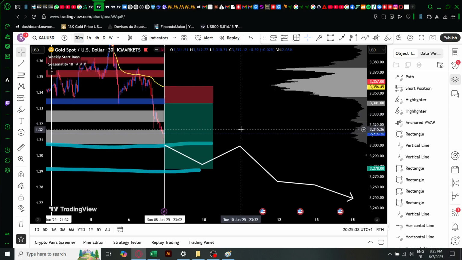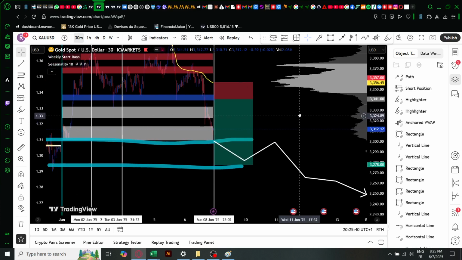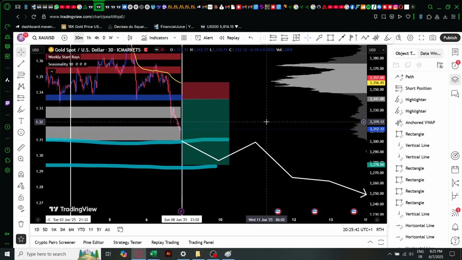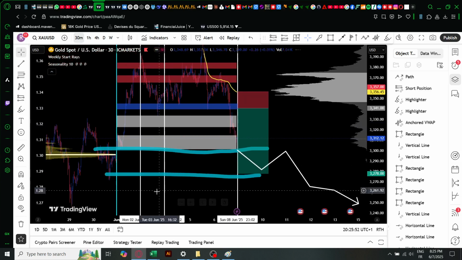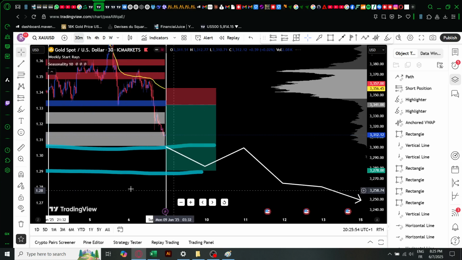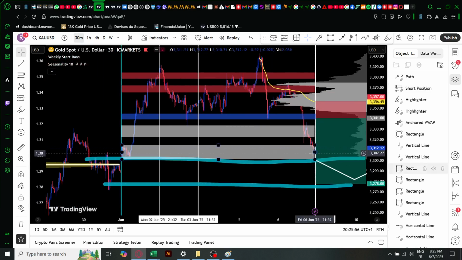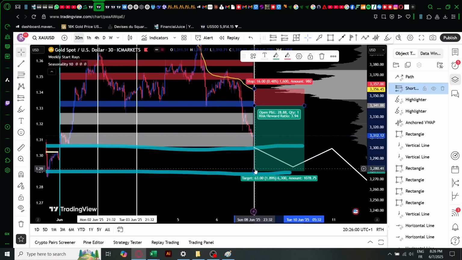Even if the bias was right, it will be just one stop loss, 0.2% risk.